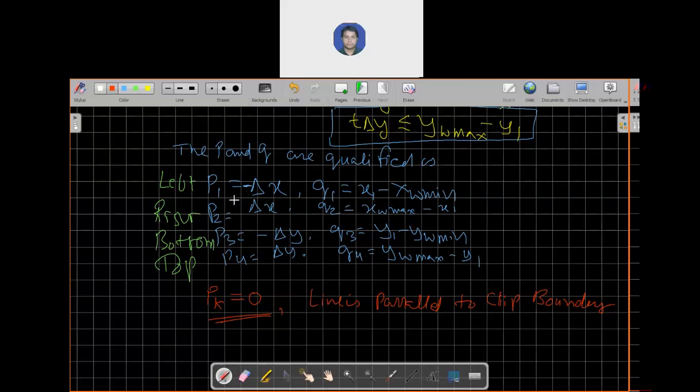If the p1 value is 0, the line is parallel to the left boundary. If the p2 value is 0, it is parallel to the right boundary. If p3 is 0, it is parallel to the bottom boundary. If p4 is 0, it is parallel to the top boundary.